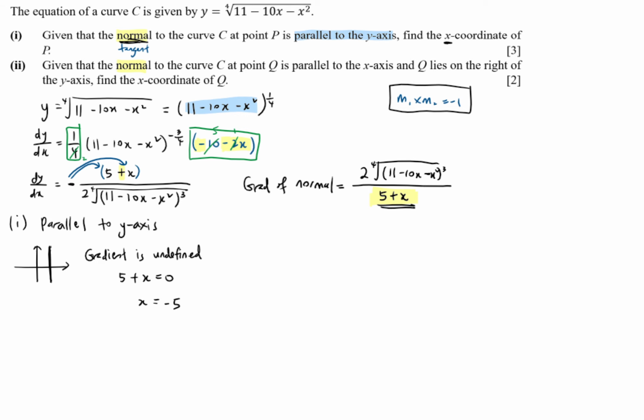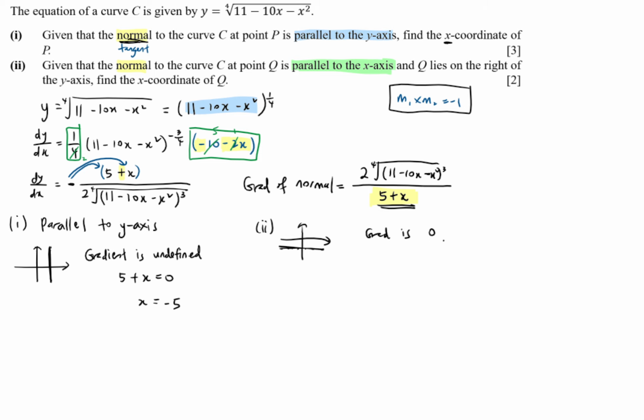Now for part 2, the normal to the curve is parallel to the x-axis. If you need some visualization, parallel to the x-axis, for example, over here. For that, the gradient is equal to 0. In what circumstances is the gradient of the normal equal to 0?